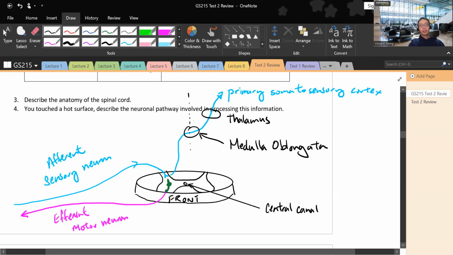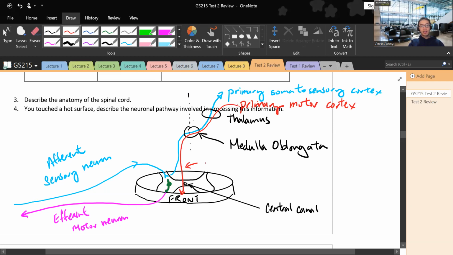Okay. And then the information is going to come back down, right? It might involve doing other things like blowing your hand, rubbing your hands together, putting it under cold water. Then that would be the primary motor cortex. Okay, so it's going to come down, across the middle, and then down at the front.